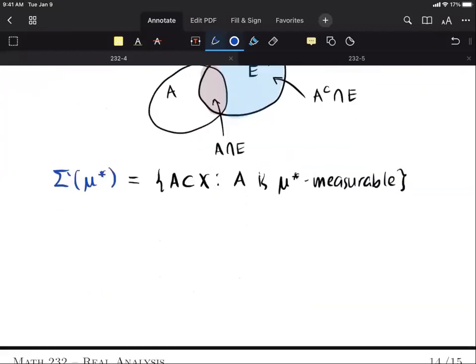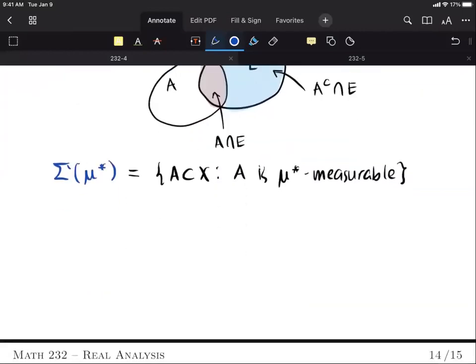Now, if we apply the subadditivity of the outer measure, that is the case because an outer measure is sigma subadditive, and the outer measure of the empty set is 0.